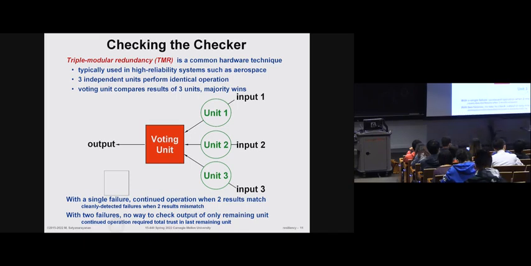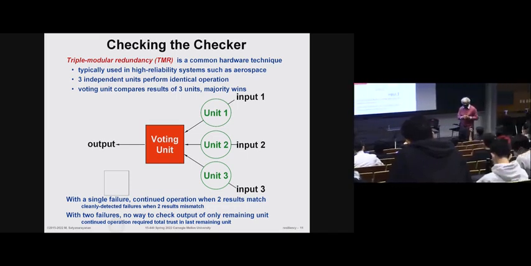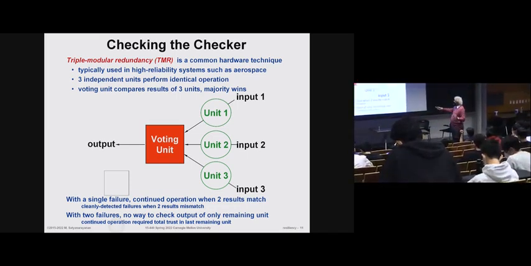Because if they're all a false answer, then it's a valid answer, but it's incorrect. So there are 2 choices, right? Either they are not guaranteed to shut up if they don't have the right answer, right? So they're not like at most once RPC. If that's the case, then in fact you need 2 identical results to be able to use the result.